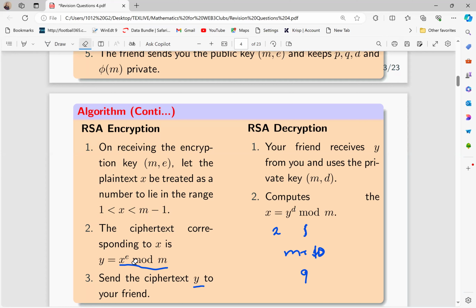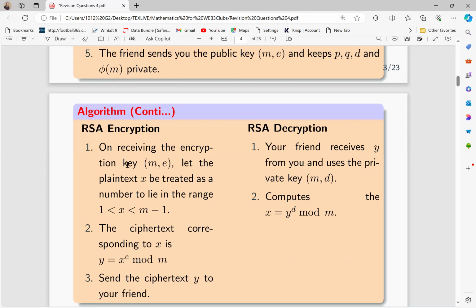The reason why we're doing the modular, say 2 modular 5, is that when you're decrypting, you know that the decryption key for cryptanalysis will be between 1 and 4. Obviously, 5 does not count.